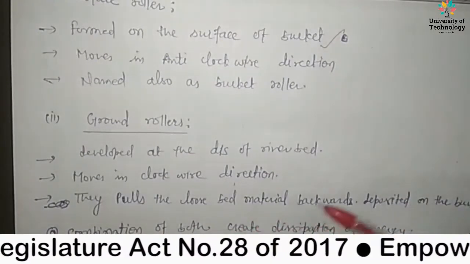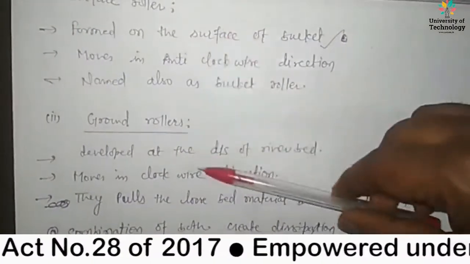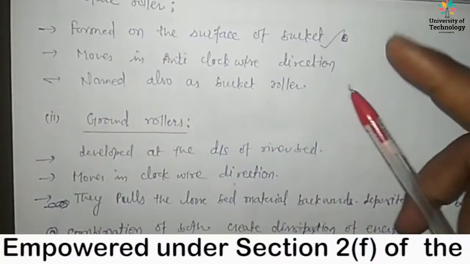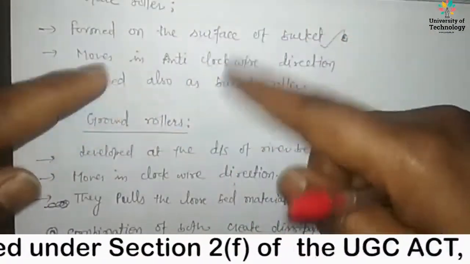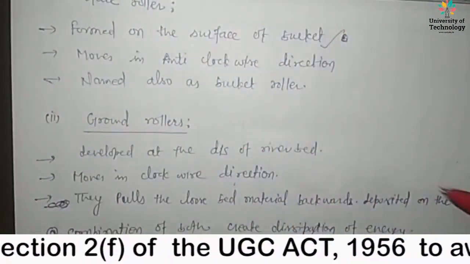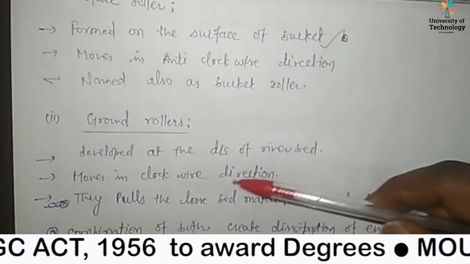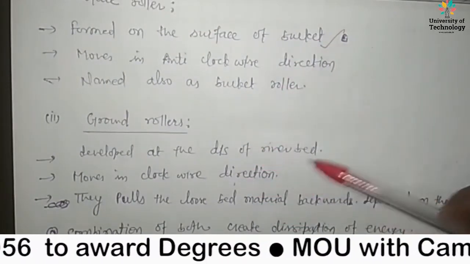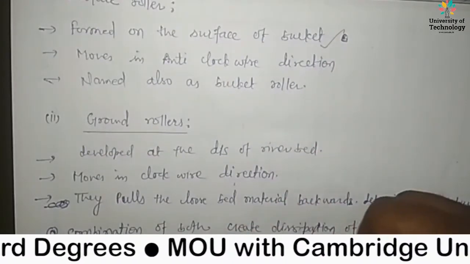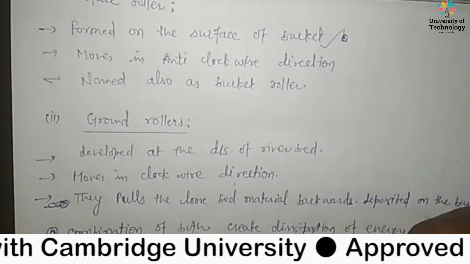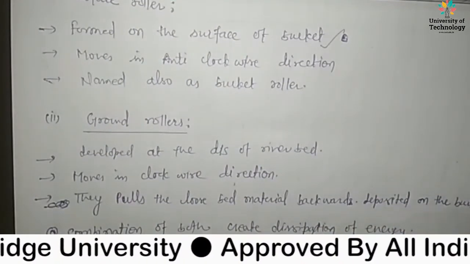So this is the advantage of this ground roller. And what is the function of both rollers? They move in opposite directions to each other, so energy dissipation will take place. The combination of both creates dissipation of energy.